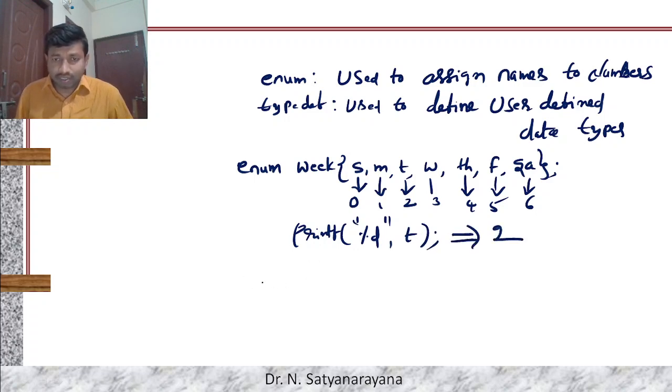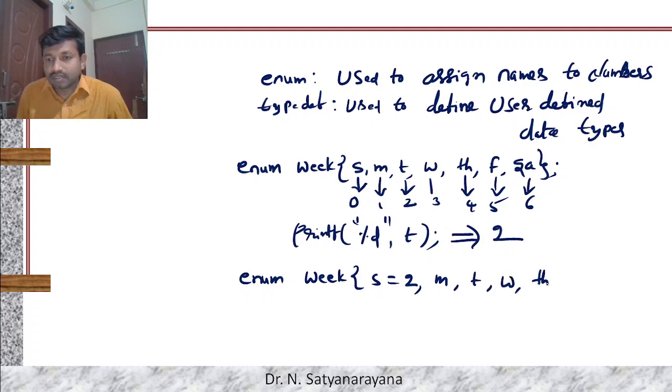In interviews, people will ask you like this. Sometimes this could be given as enum week, say Sunday, s is equal to 2, m, comma t, comma w, say 6, comma. So what is the value of this?